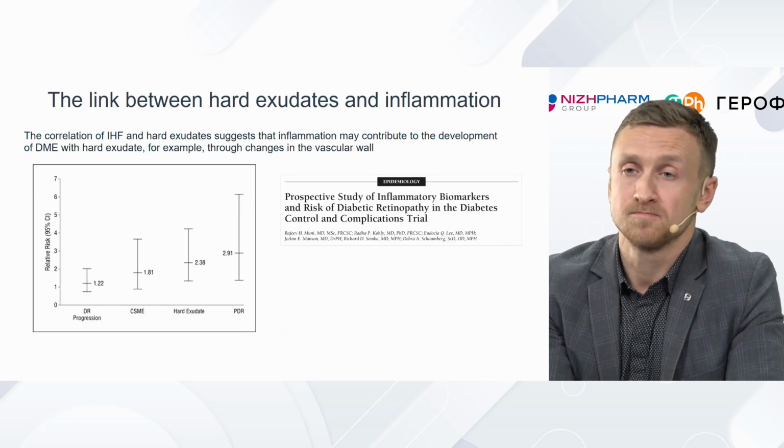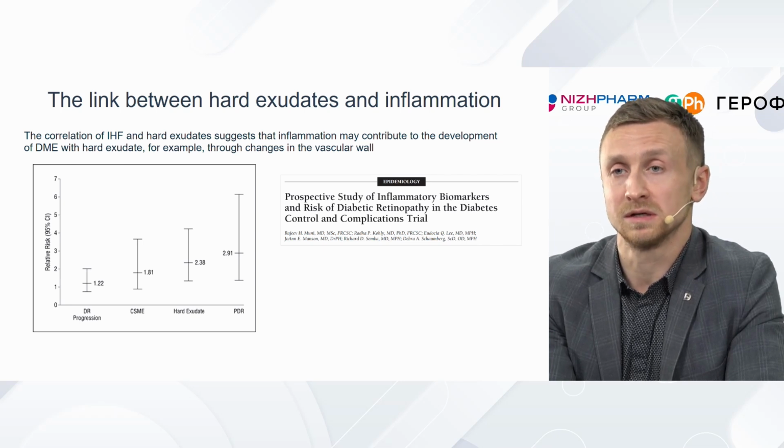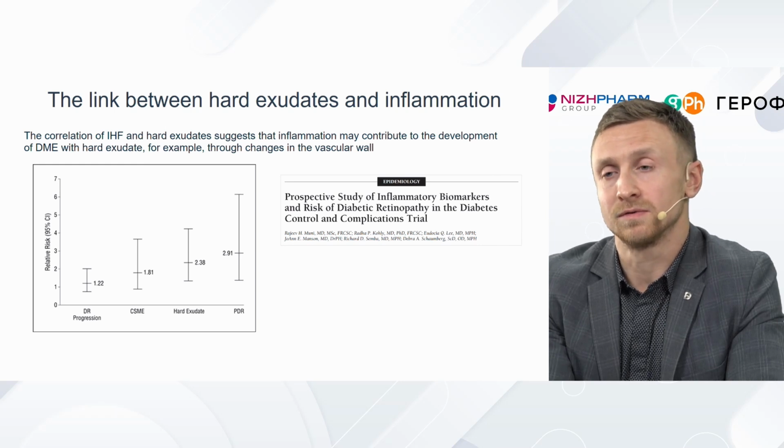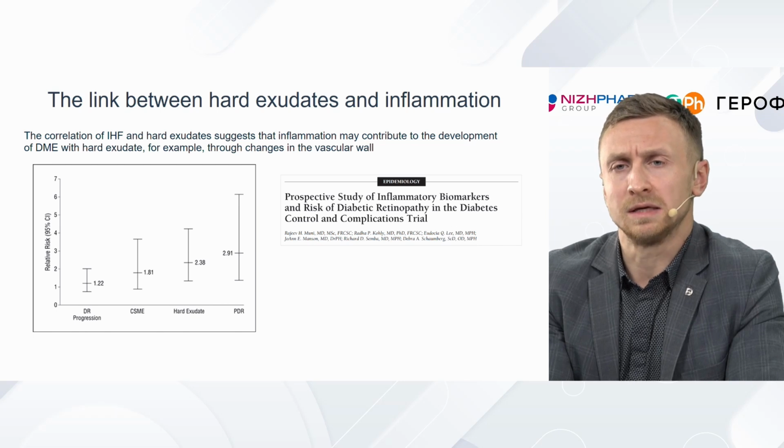What is interesting to say is that hard exudate by itself is correlated with the high activity of pro-inflammatory molecules, as it was shown in one of the prospective studies on inflammatory biomarkers and the risk of diabetic retinopathy.